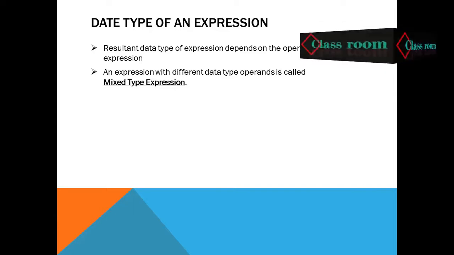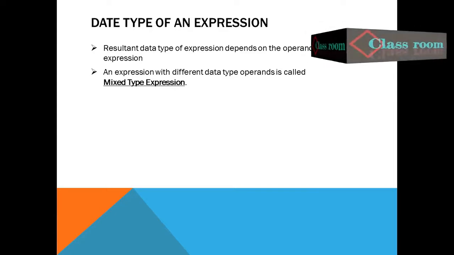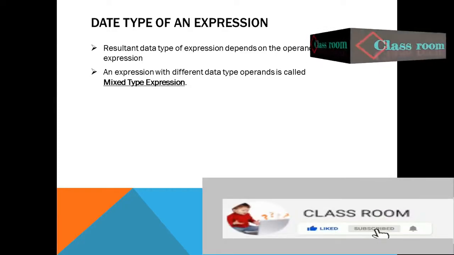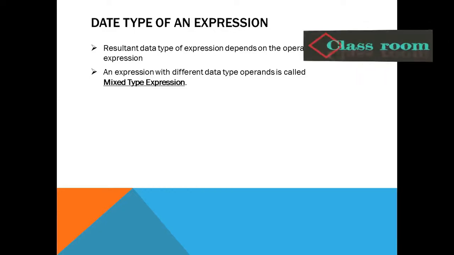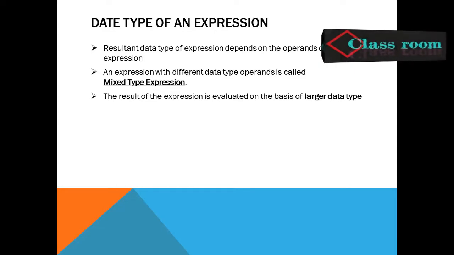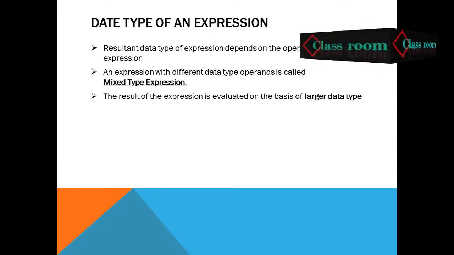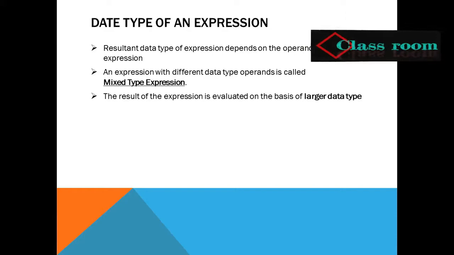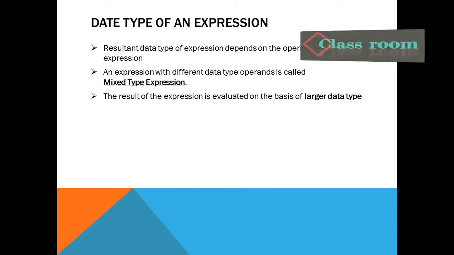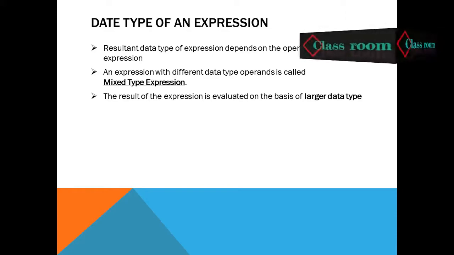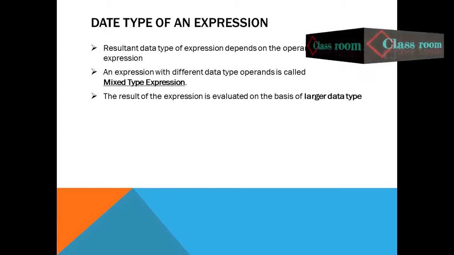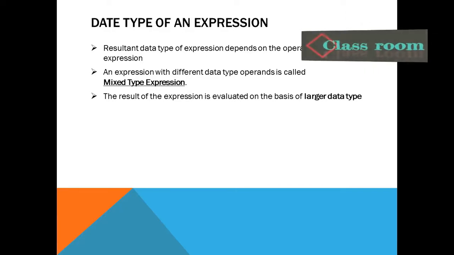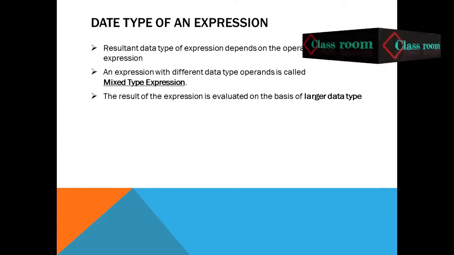It is an expression in which we are using both integer data type operands and float data type operands. These types of expressions are called mixed type expressions, and the result of a mixed type expression is evaluated on the basis of the larger data type operand. The operand which has the larger data type gives the resultant data type of that expression.